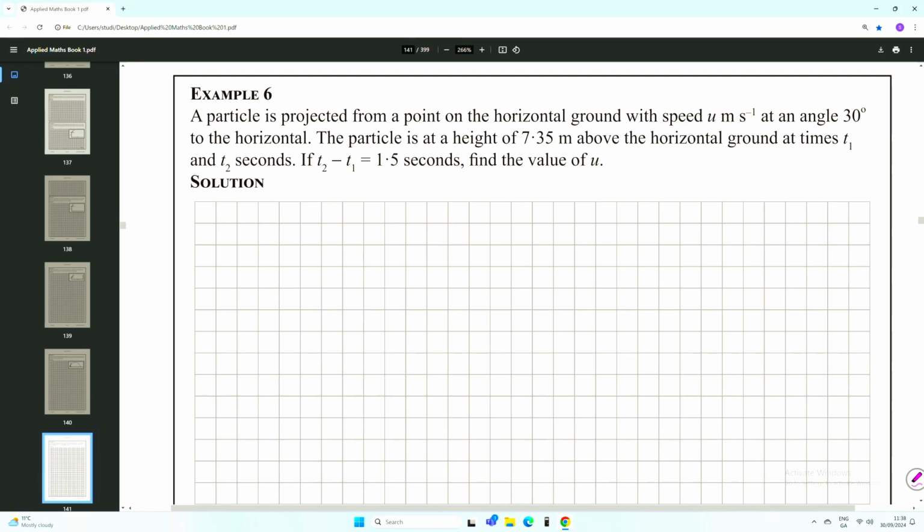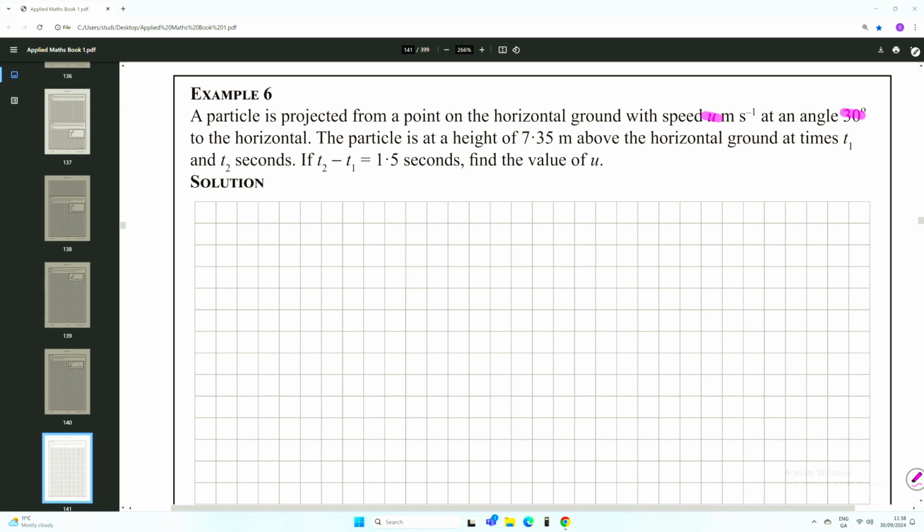All right, let's move on to example 6. The last example in this lesson, a slightly unusual one. So a particle is projected from a point on horizontal ground with a speed u at an angle of 30 degrees to the horizontal. We're talking here about firing it off level ground and landing on level ground.